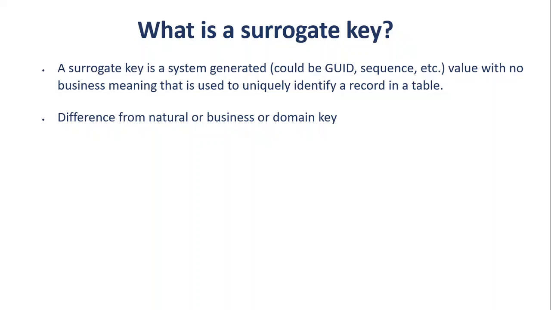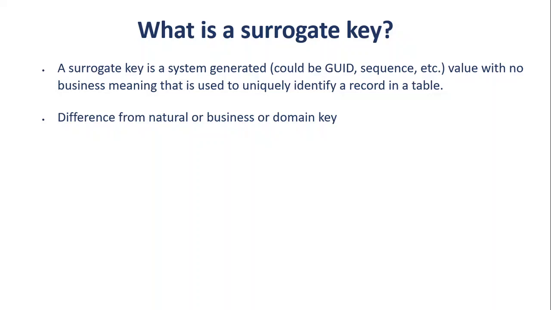And then how different is it from a natural business or domain key? Basically, as the definition goes, we can get a meaning out of it. Natural business or domain keys have some business meaning, and they are formed from the attributes that exist in the data. It is not something we added afterwards into our data.